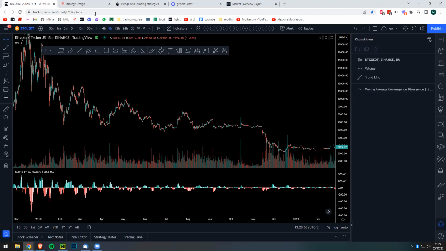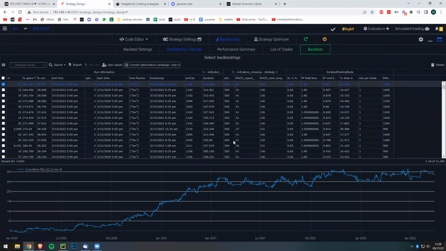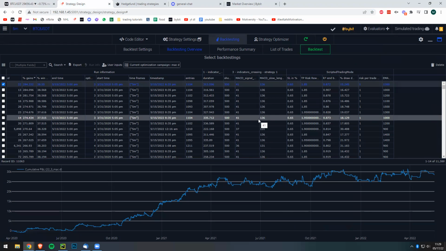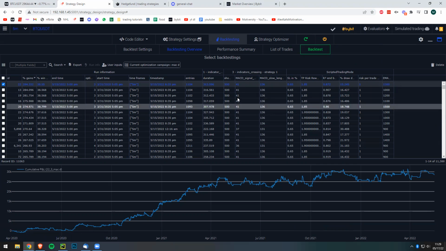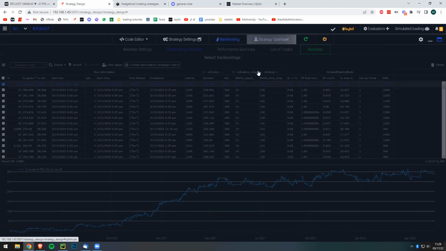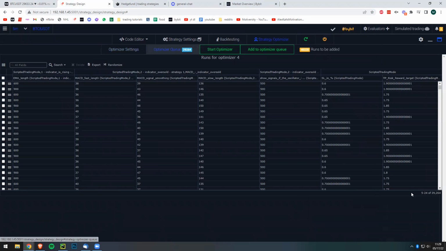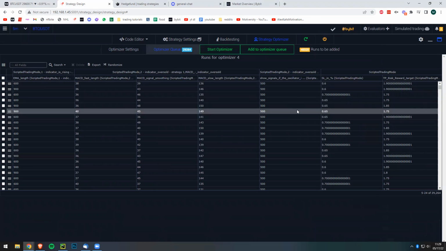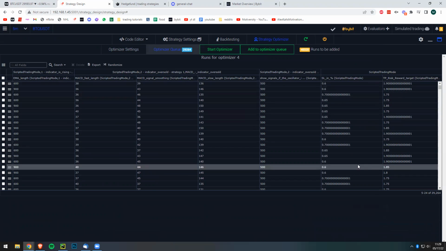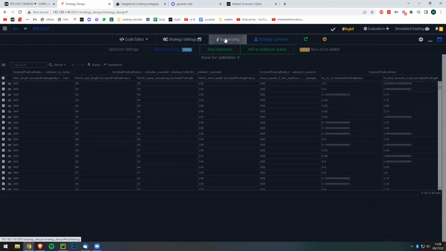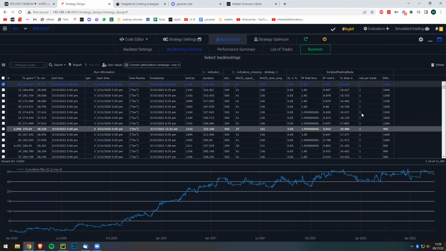With our hedge fund, the way it works is, like I said, you leave all the hard work up to us. We go through our strategy optimizer. You see here in this queue, I have 29,000 runs with all of these different options for the MACD, the EMA, the stop losses, the take profits, as you can see here in the backtesting overview.